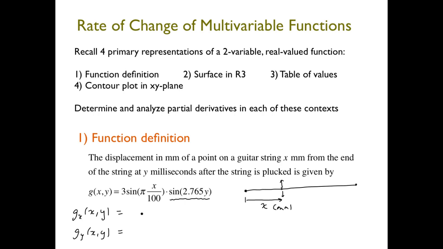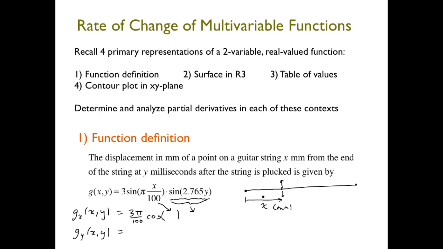So let's write that out. So it's going to be what? 3 times pi over 100 cosine of this. Is that right? 3 pi over 100 cosine of that times that. Is that right? Make sense?